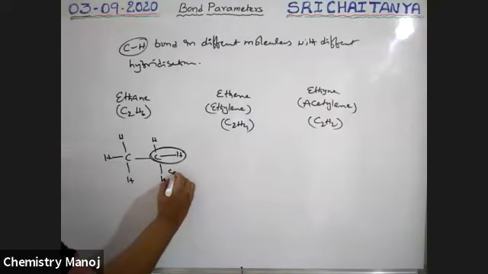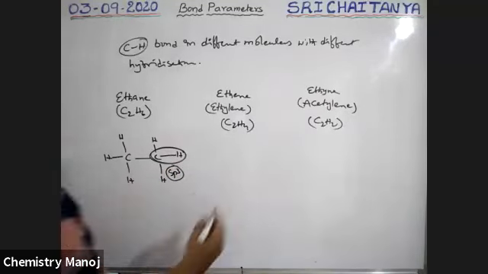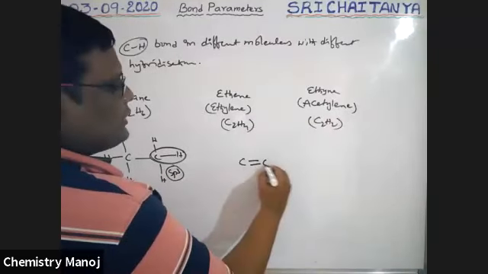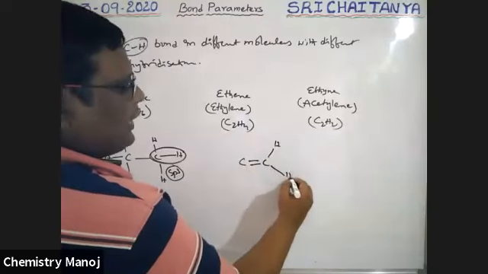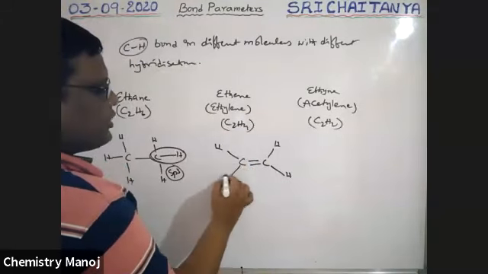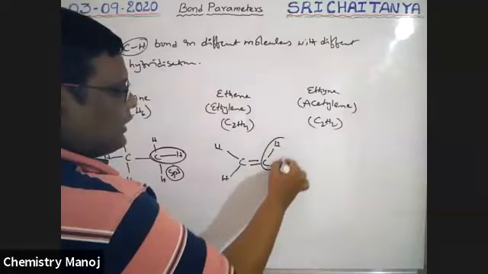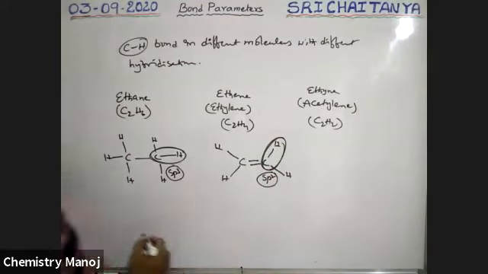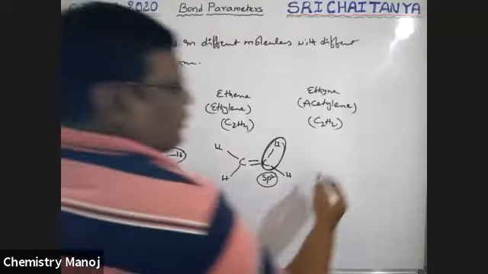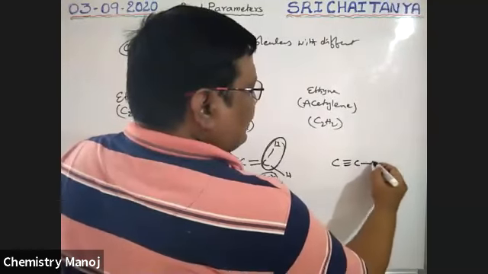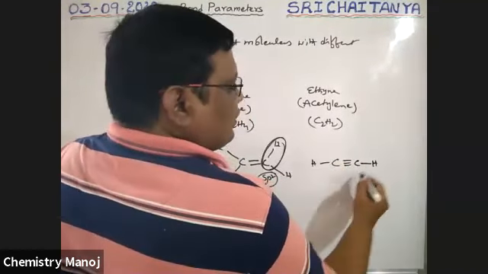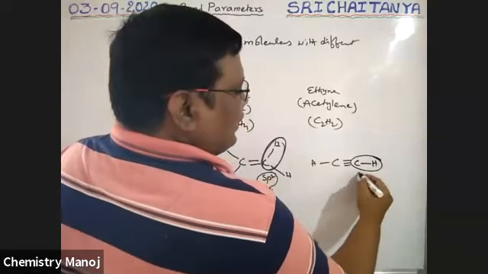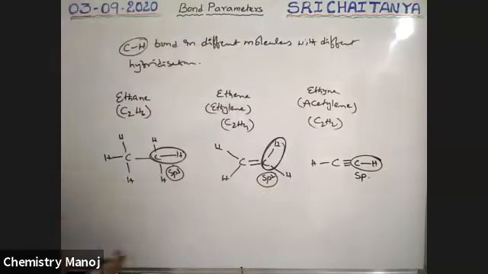Here carbon is in sp3 hybridization. And in C2H4, there is a C double bond C with H, H, H, H. Here also I am considering the CH bond. This carbon is in sp2 hybridization. Now C triple bond C, H, H. If I consider the CH bond, here carbon is in sp hybridization.